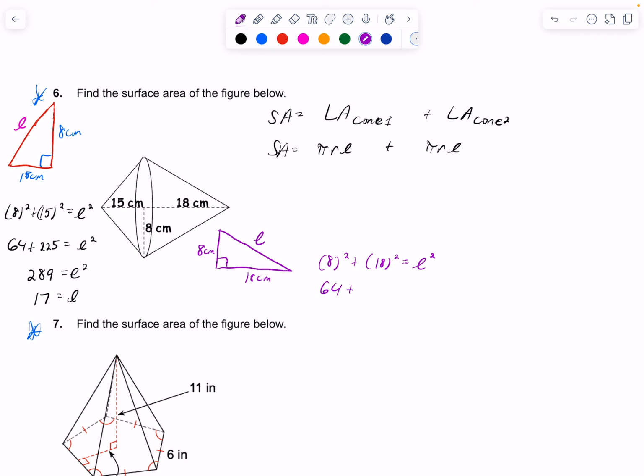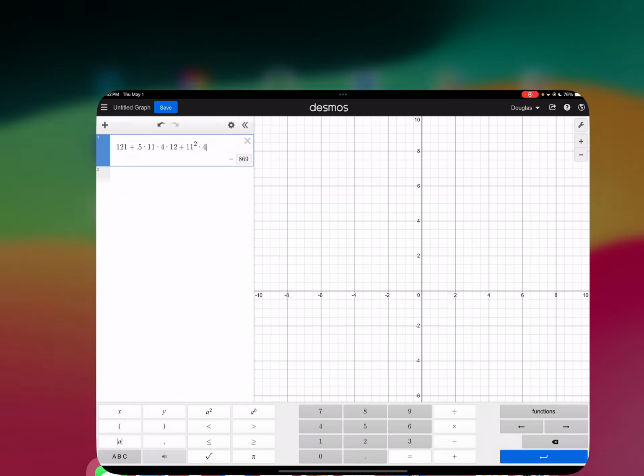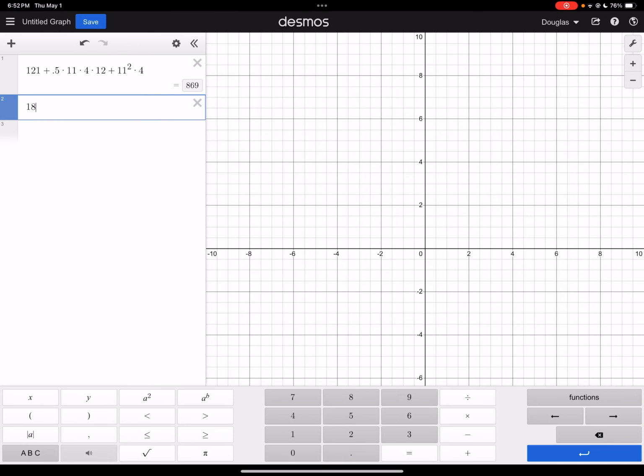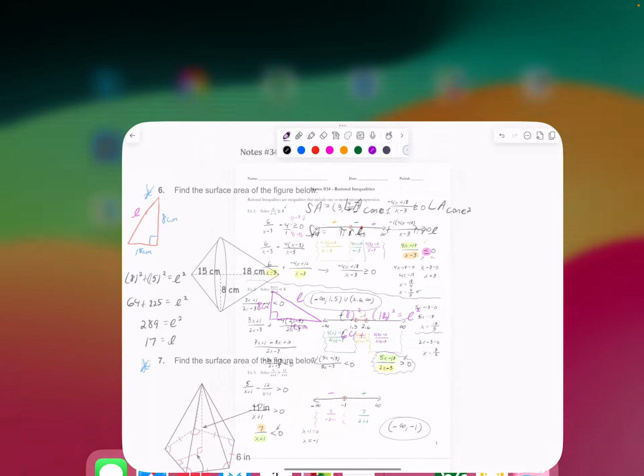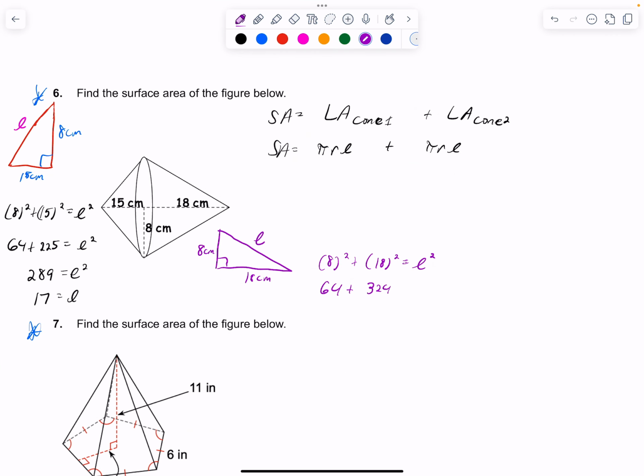So 64 plus, let's see, is that 324? Let me check. It's been a while since I've done 18 squared. It is 324 equals our slant height squared. Adding those together gives us 388. All right, and then so L is equal to the square root of 388.